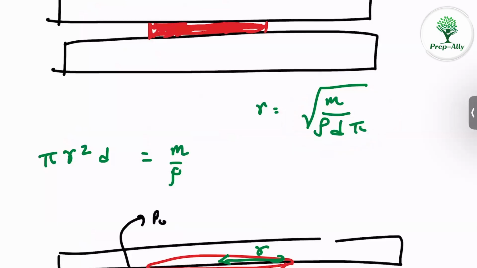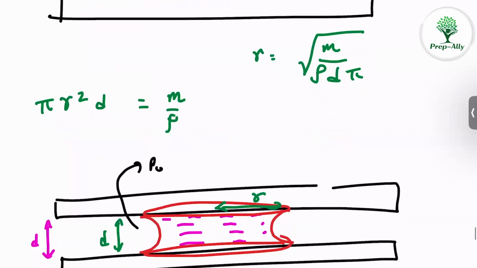Now, that's the liquid pressure. Let's talk about one of the plates. This side there is atmosphere. This side also there is atmosphere. So P naught cancels out. However, here there is P naught and here there is the liquid pressure.